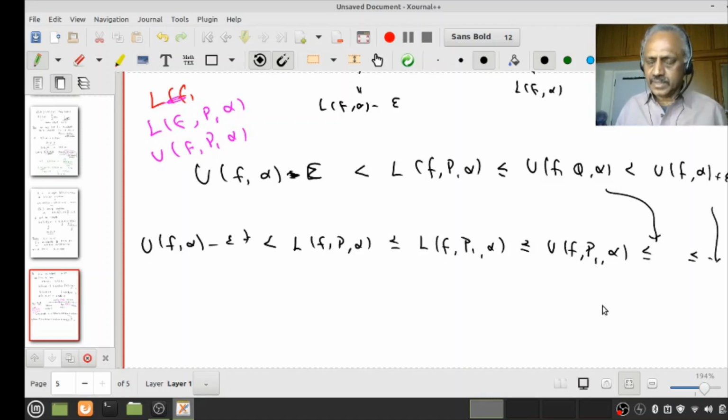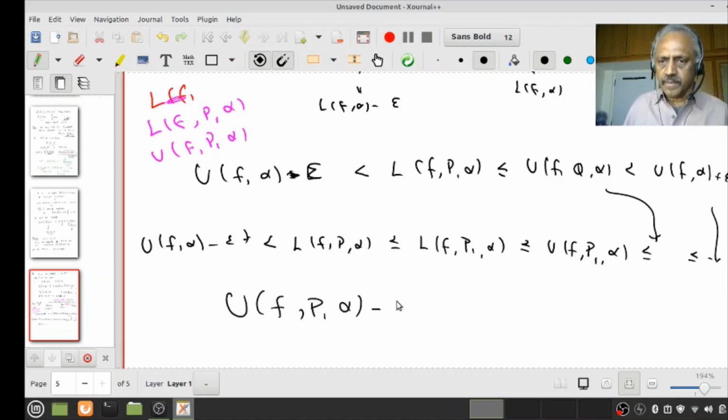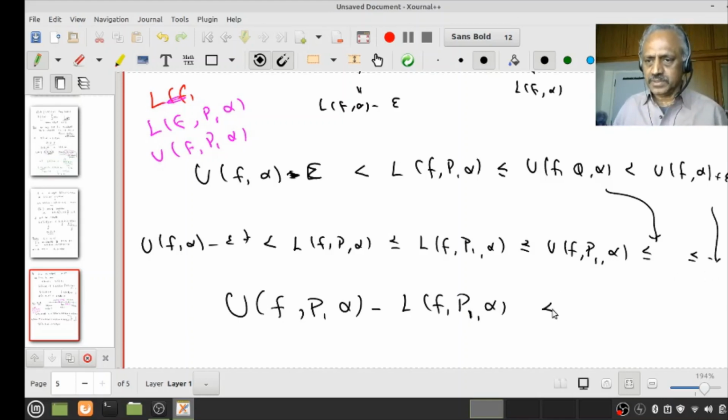You understood that? Now let's look at the picture. Therefore, what is UFP1 alpha minus LFP1 alpha? They all lie in an interval whose length is at most 2 epsilon. You understand that? Therefore, this is less than 2 epsilon.